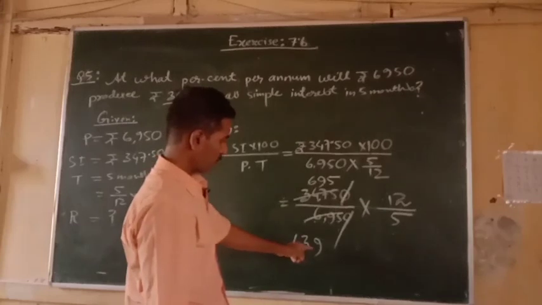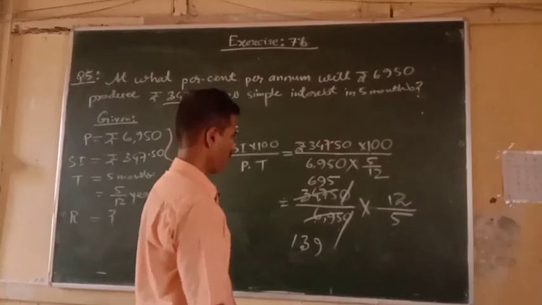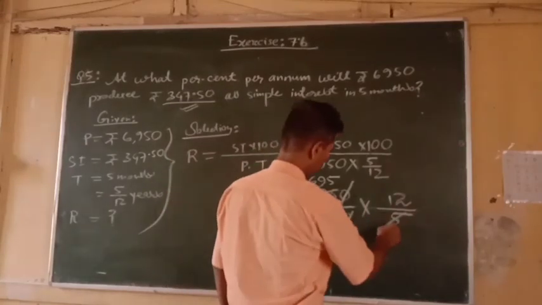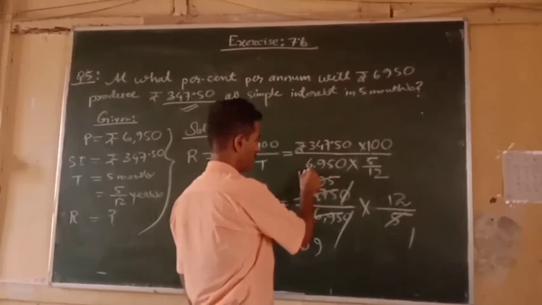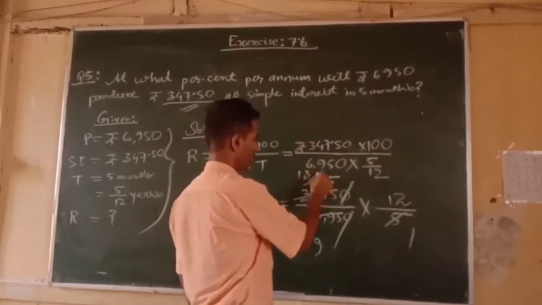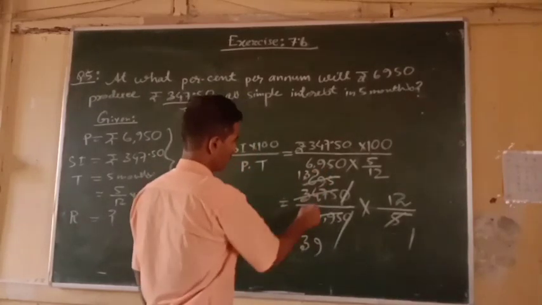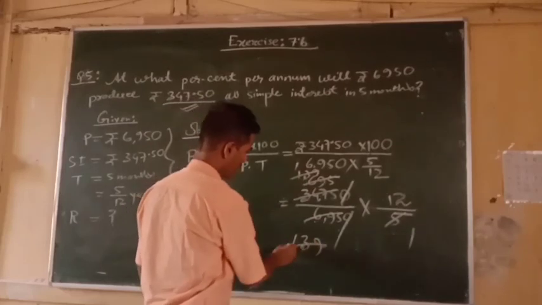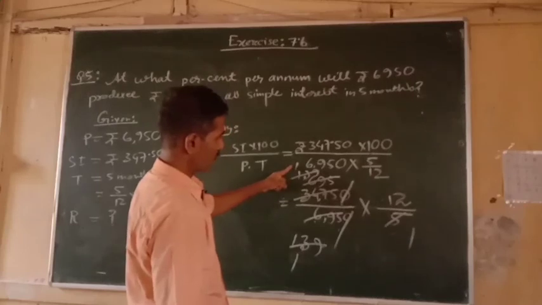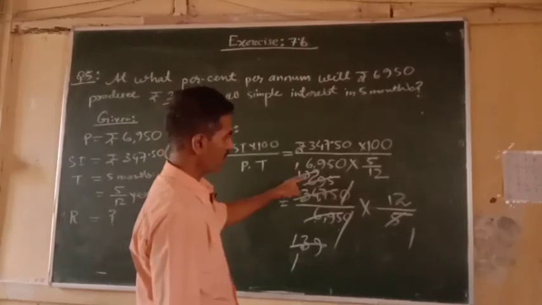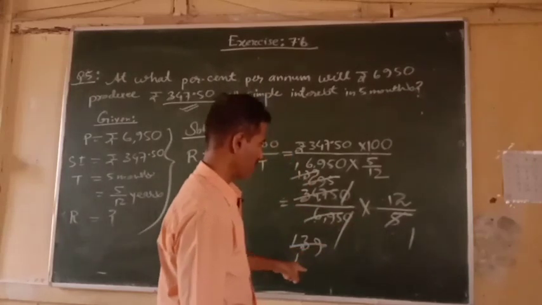Again, we can divide these two by 5. After dividing, 139 and 139 cancel. In the numerator we have 1 into 12, and in the denominator only 1.